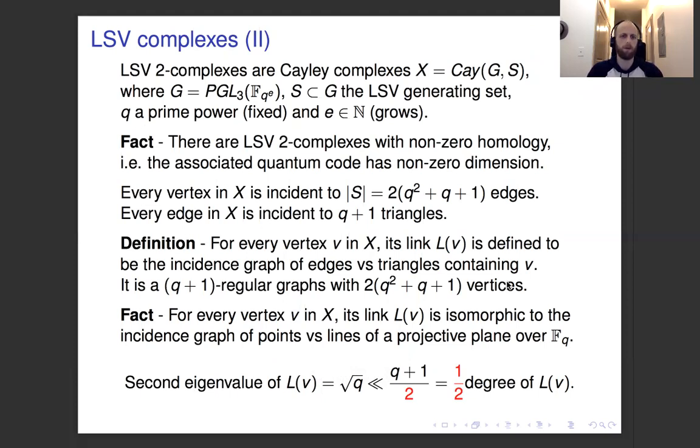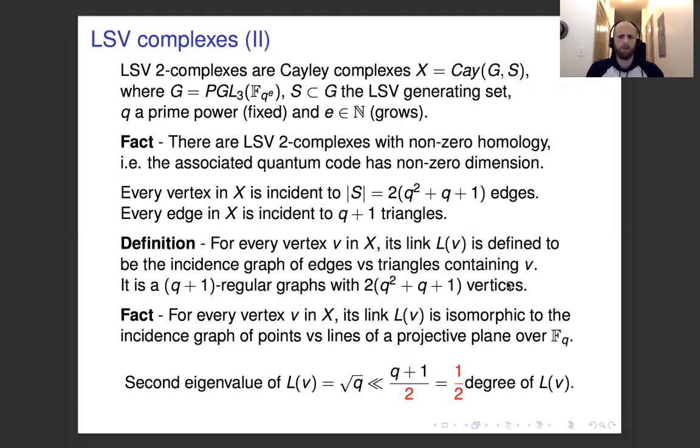So first of all, as I mentioned, they are quite explicit. They are Cayley complexes, meaning they are clique complexes of Cayley graphs, where the group is the natural group of the projective general linear group over a finite field, with a specific generating set constructed explicitly by Lubotzky, Samuels, and Vishne.